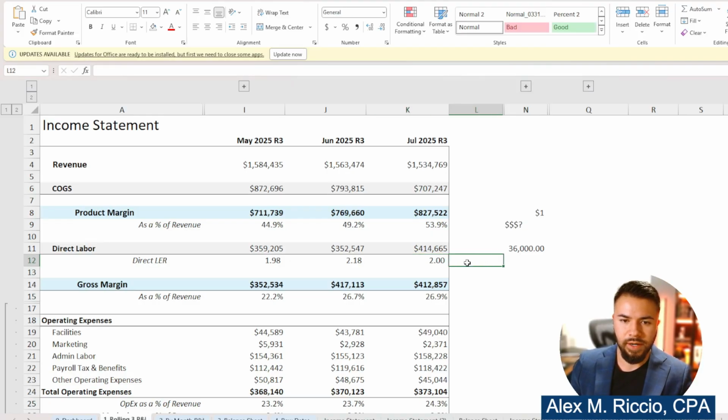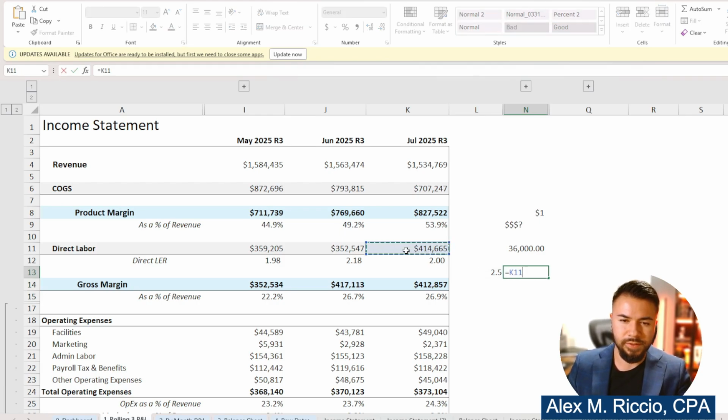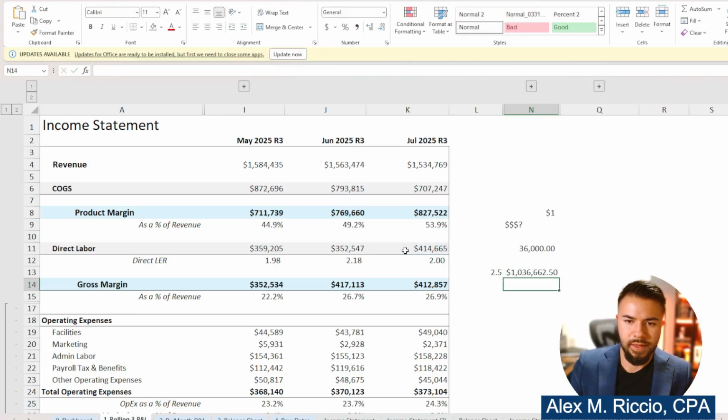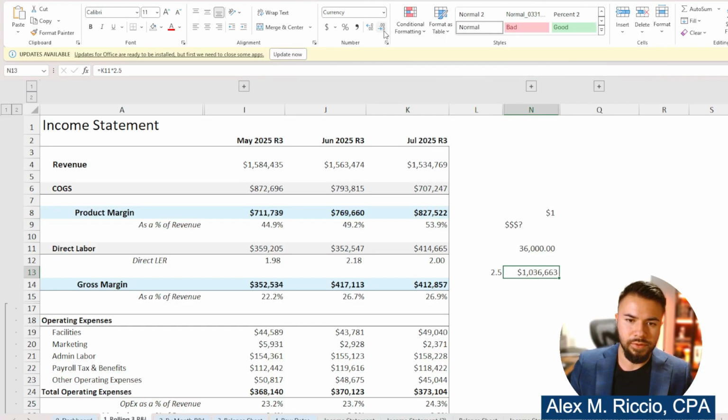It's simple math, right? So instead of $2 of our direct labor efficiency, I want to produce $2.50. So what I have to do is say, okay, for the $414,000 I spent on direct labor, if I multiply that by 2.5, that means that instead of $827,000 in product margin, I would have produced about $1 million in product margin.